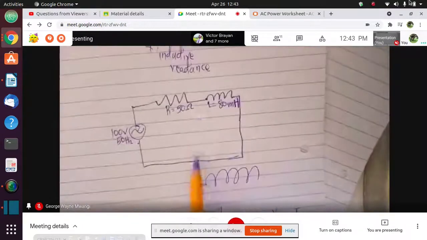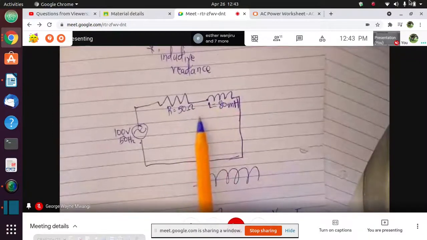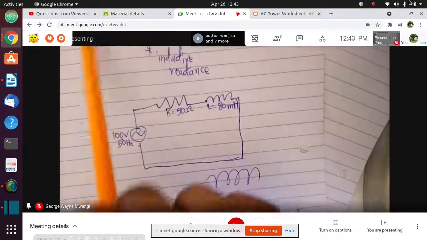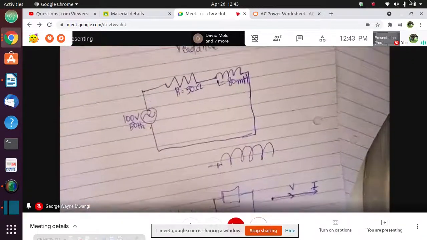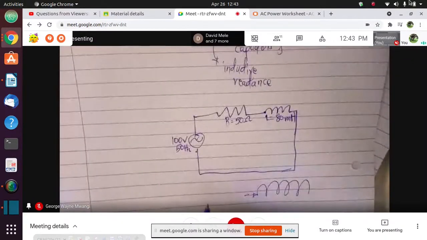Now this is the effect of these components, the inductor and the capacitor. So we have to take into consideration that angle by which the current and voltage lag or lead each other.